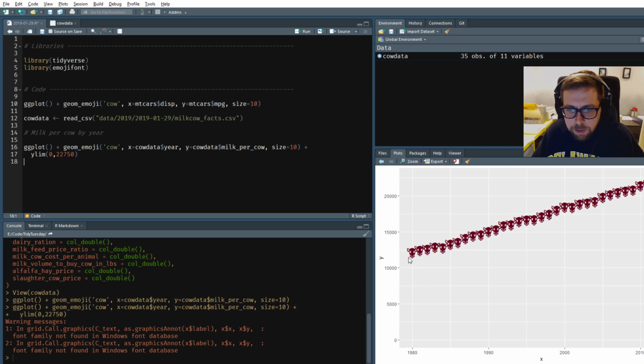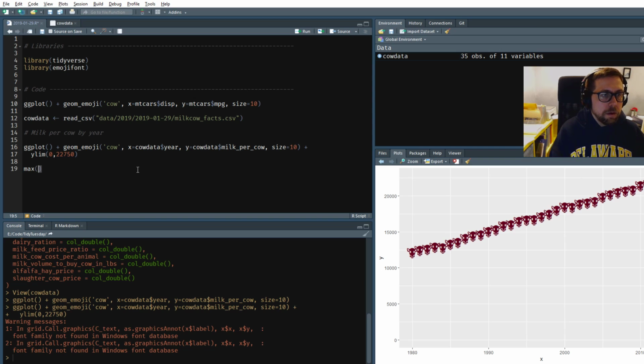You can see that in 1980, when the data set starts, the average milk per cow is about 12,500, and I think that's in pounds. That's a lot of milk. And by the end of the data set, which is pretty close to current, it's almost double the milk per cow.